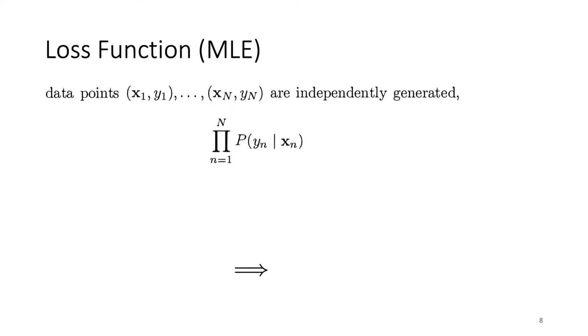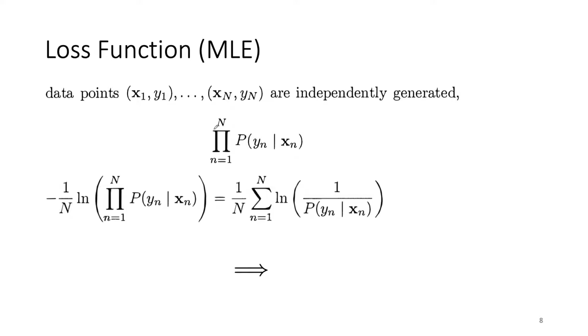By the laws of statistics, the joint probability of all of those, so the probability of yn given xn, is the multiplication of all of them starting from 1 up to capital N. Now, if we expand this to the number of n, you can actually represent it as minus 1 over n of ln of the product of the conditional probability here, p of yn given xn.